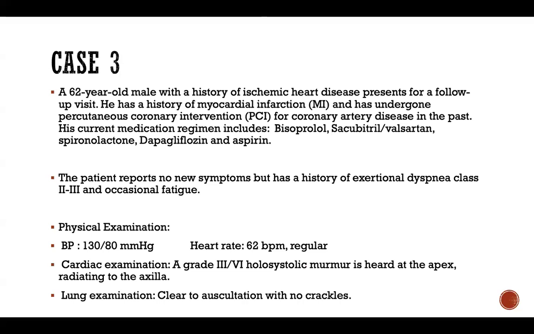The patient reports no new symptoms, but he has history of exertional dyspnea, class 2 to 3, and occasional fatigue. Physical examination: blood pressure 130/80, heart rate 62 and regular. Cardiac examination shows grade 3 holosystolic murmur at the apex, radiating to the axilla. Lung examination is clear to auscultation with no crackles.